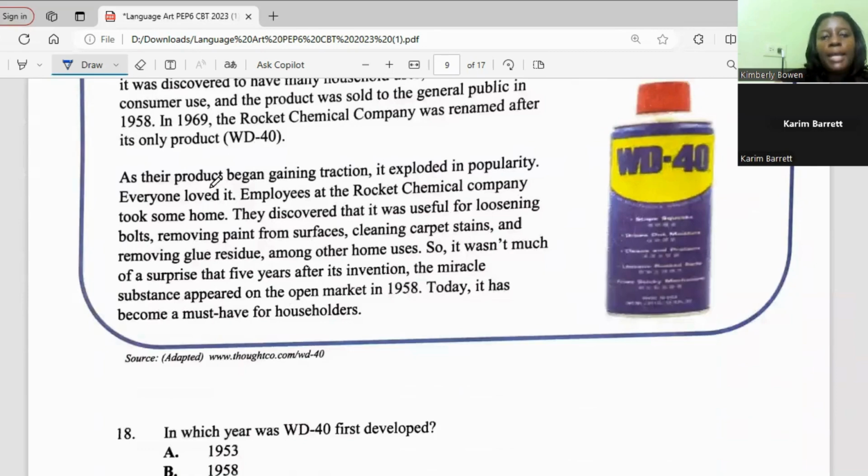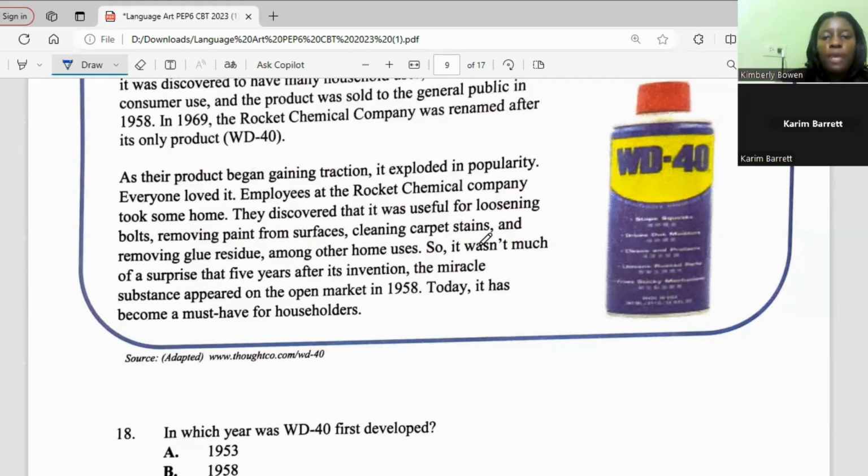As the product began gaining traction, it exploded in popularity. Everyone loved it. Employees at the Rocket Chemical Company took some home. They discovered that it was useful for loosening bolts, removing paint from surfaces, cleaning carpet stains, and removing glue residue, among other home uses.